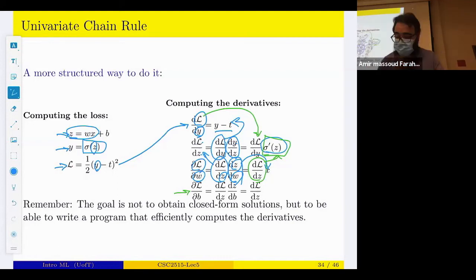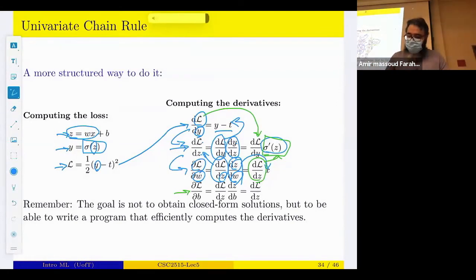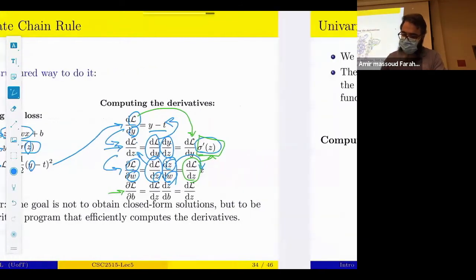For example, at step Z, we just use the derivative with respect to Y that we computed. And then the same thing here. So we just did this computation and everything was easy.